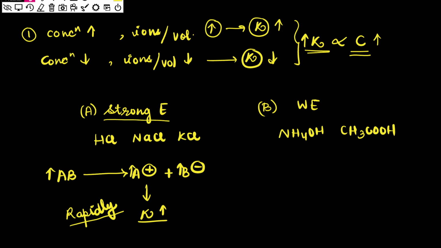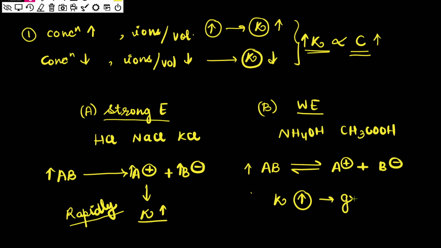But here there are certain different things in the weak electrolytes. Suppose you increase the concentration of a weak electrolyte. Now this weak electrolyte may dissociate into A plus and B minus and may again become the weak electrolyte. So here the conditions are different. Overall what I can say is that if I am increasing the concentration of a weak electrolyte, the conductivity will increase, but it will increase gradually.